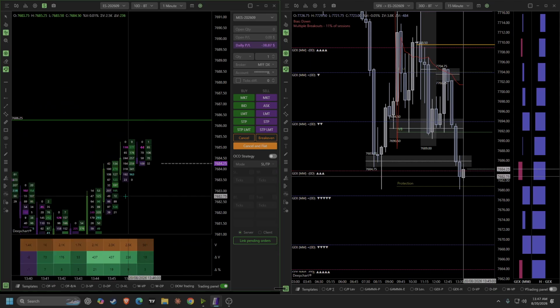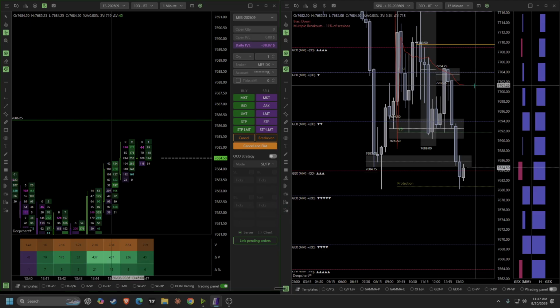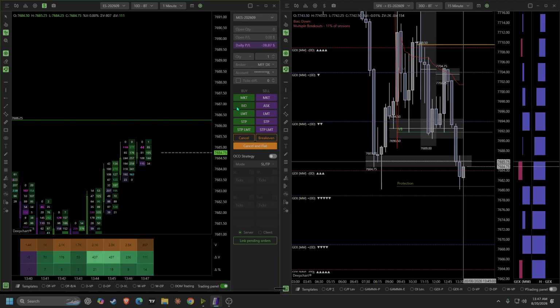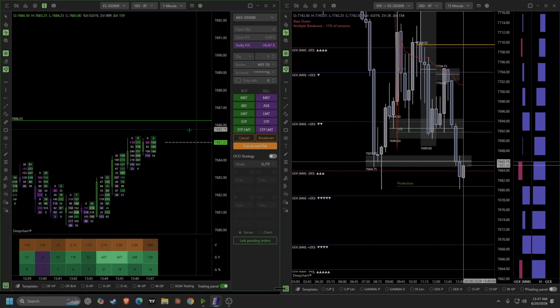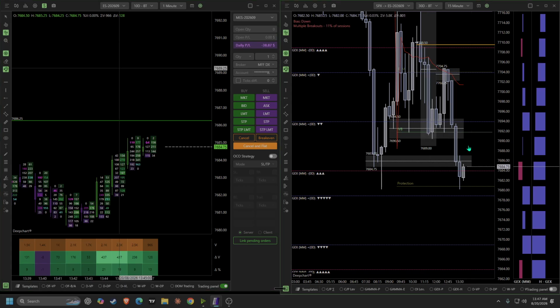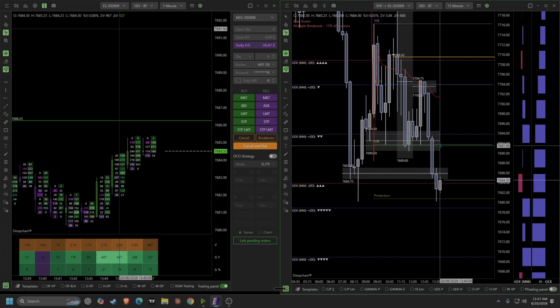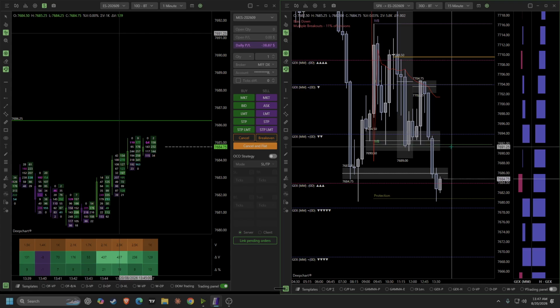Is this where we start to reverse back towards the middle? So we start to revert. Looks like lots of buying. We're still below the initial balance. Maybe this is where we test the initial balance low. Quite possible.